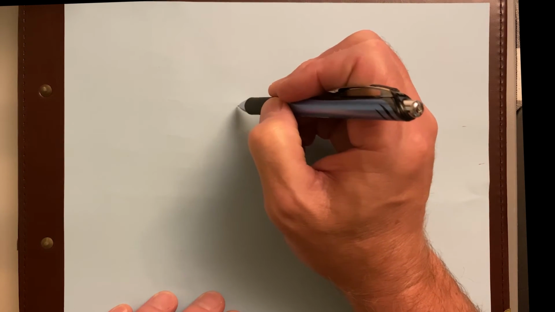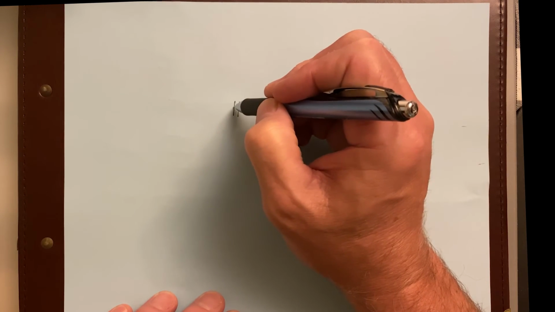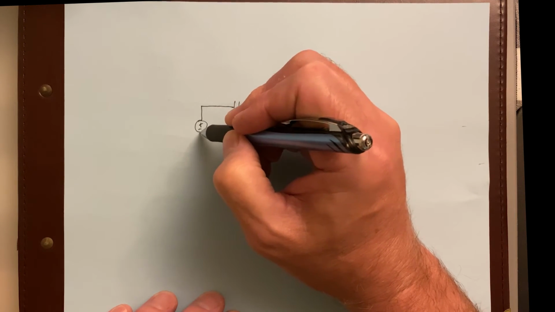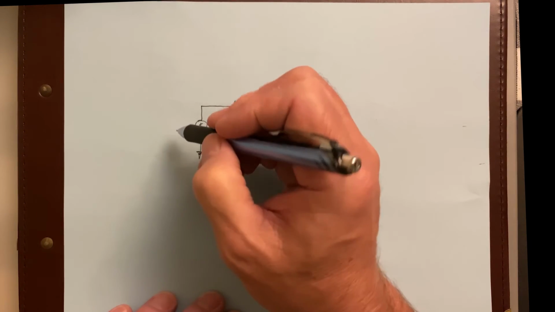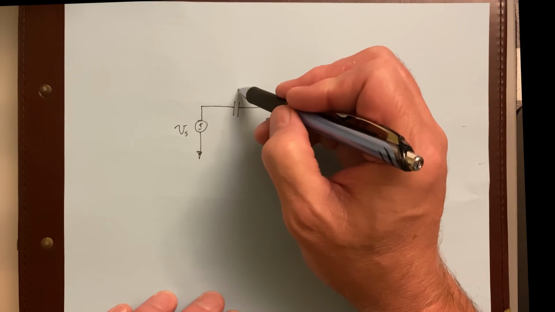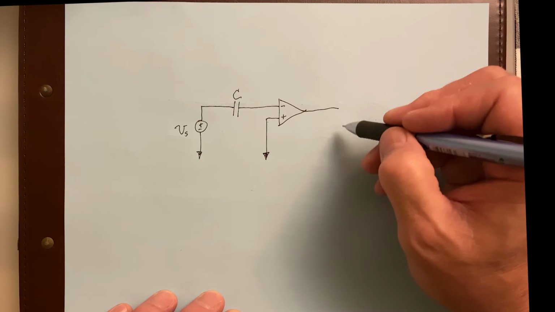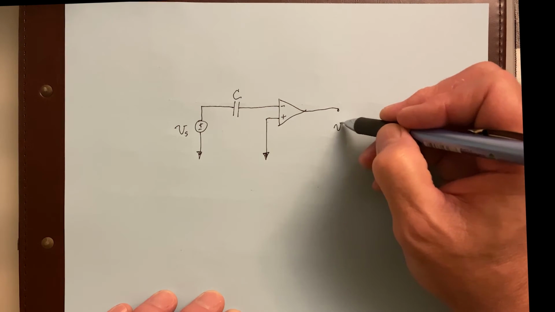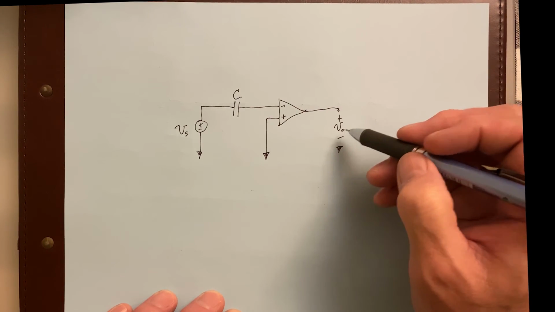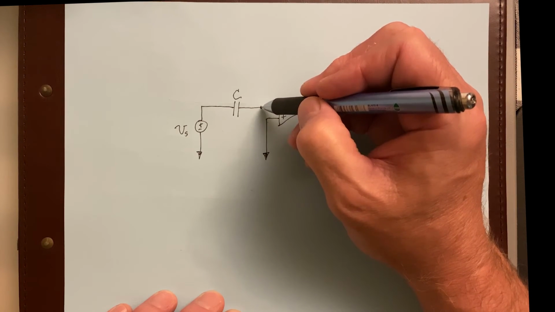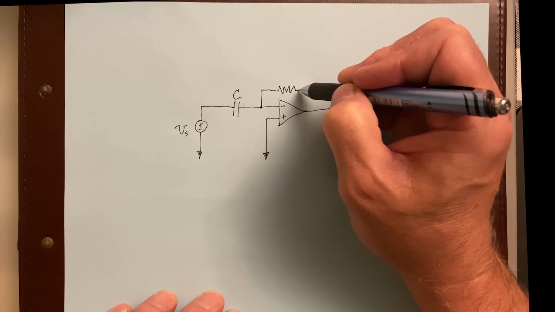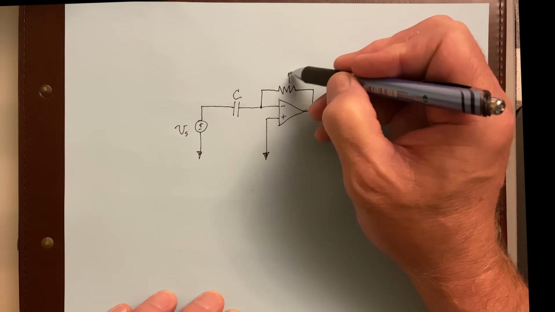Out of this inverting side, we go to a capacitor, and then we go from the capacitor, let's say, to some sort of voltage source, and we'll call that voltage source V sub S. This capacitance is just capacitance C. And then on the output side, we've got some V output over here, plus, minus. And we need to add a feedback resistor. So we'll just call this resistance R.